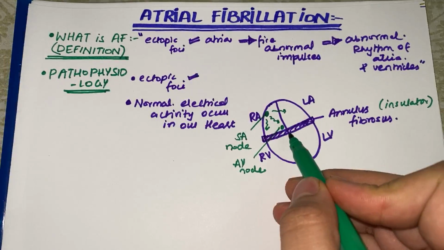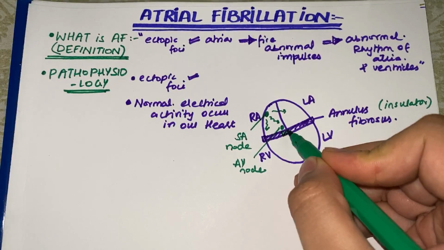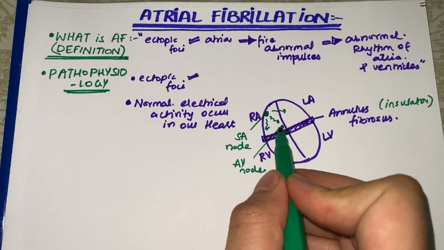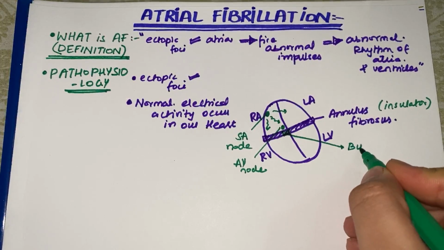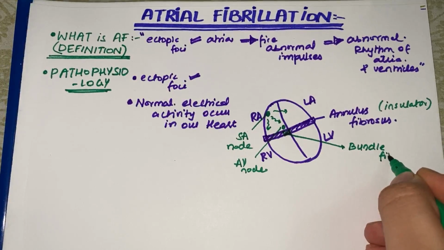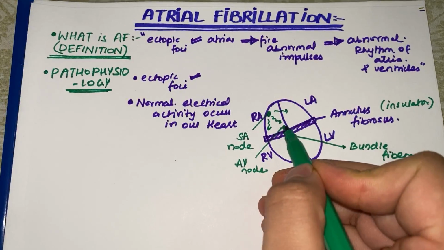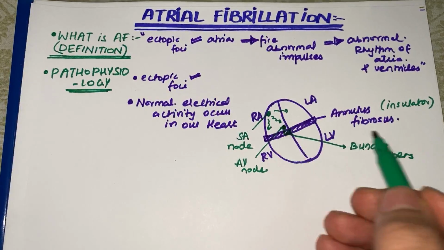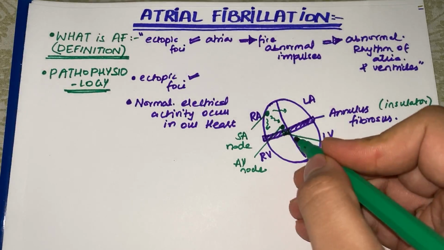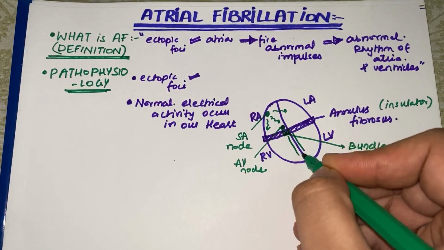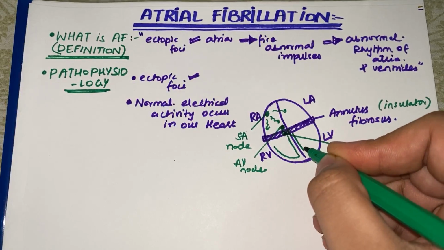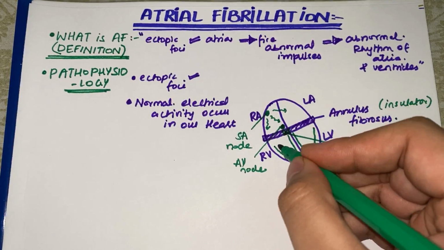And here there is a gap or a space from where impulses can pass, that is the bundle fibers. So impulses come to the AV node, and from there through these bundle fibers they move on to the right and the left bundle branch, and from there to the Purkinje fibers.